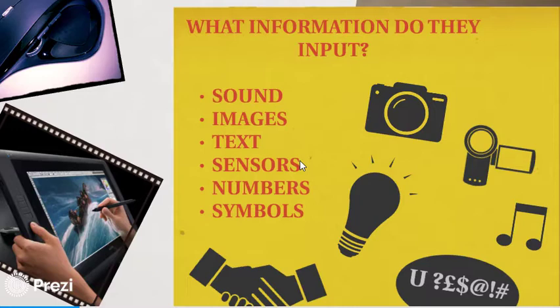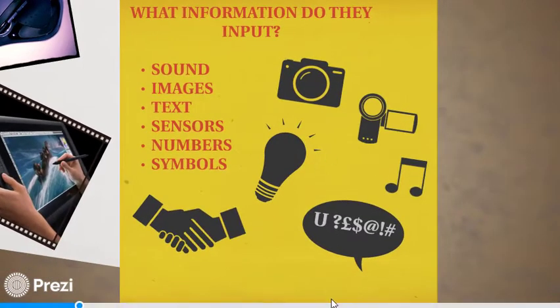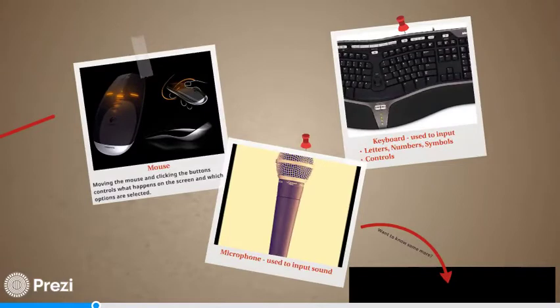It's not going to go through that and bump into it because it has a collision detect sensor, so it will avoid it. It could stop, or it could dodge it and go another way. Those are examples of sensors. Some detect numbers and symbols. These are examples of information that gets inputted into the input devices.